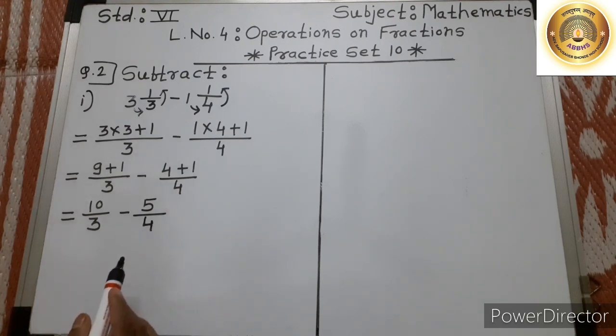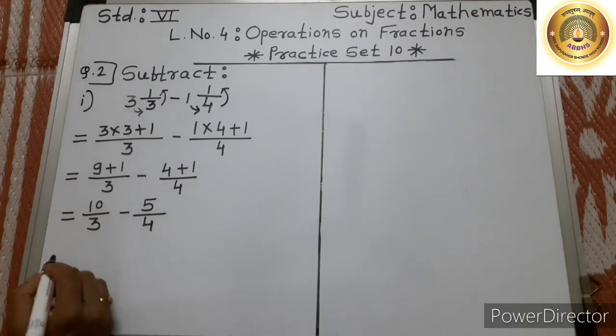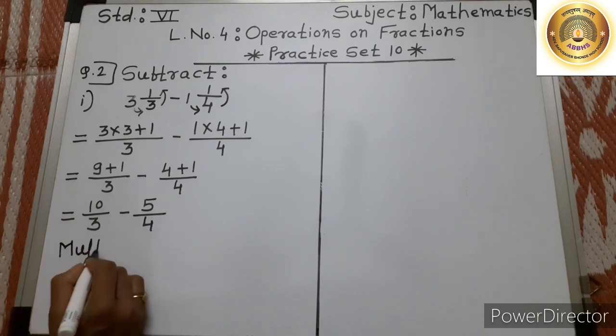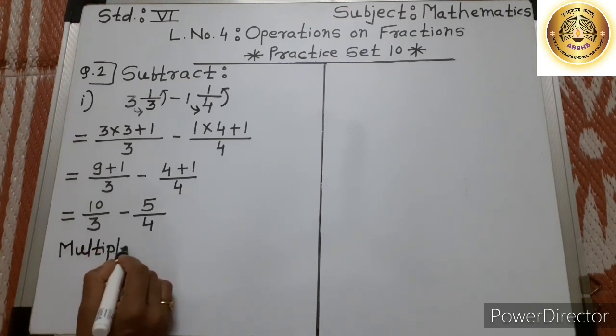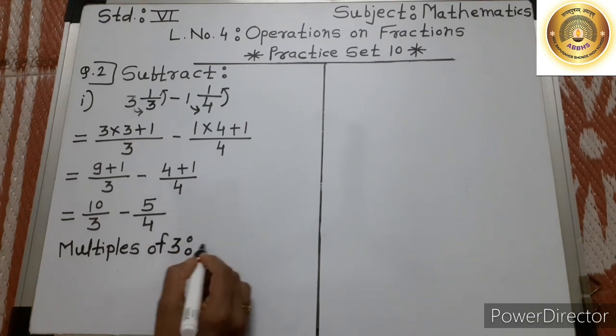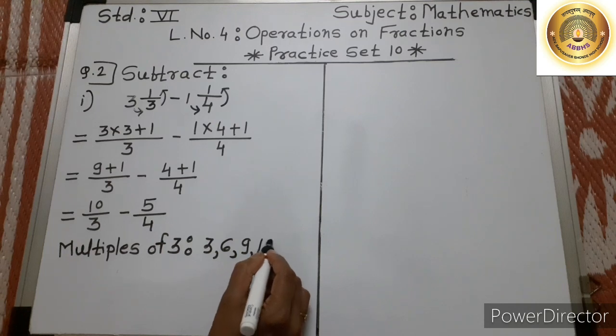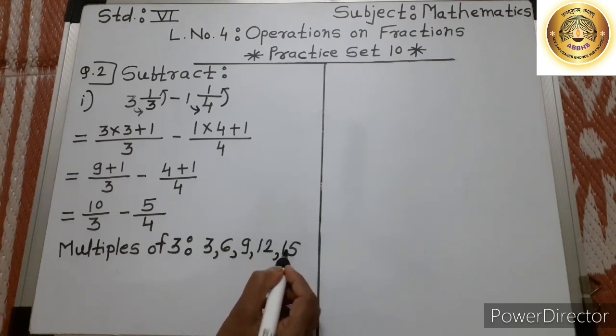These are unlike fractions. To subtract the fractions, you have to convert them into like fractions. Make denominator equal. So for that, write their multiples. Multiples of 3: 3, 6, 9, 12, 15.